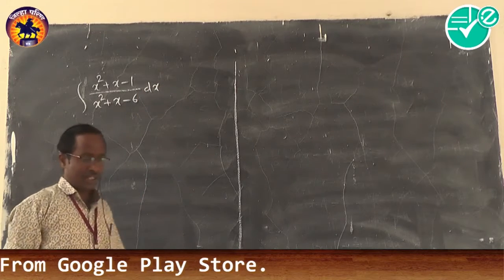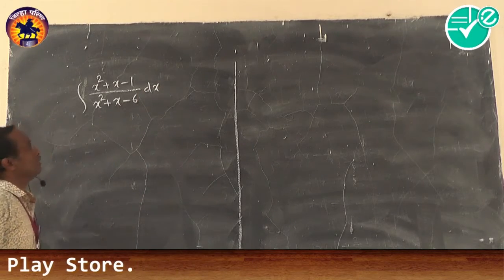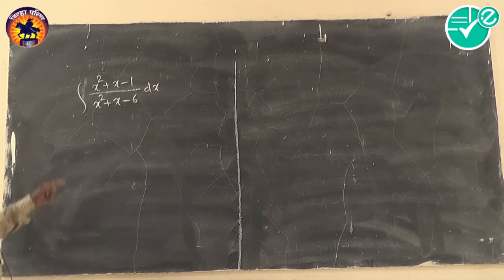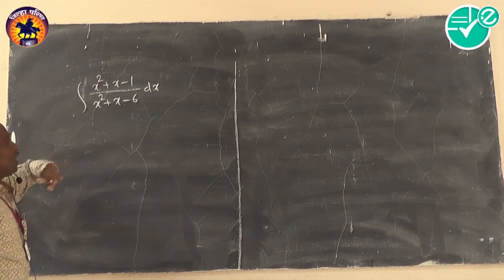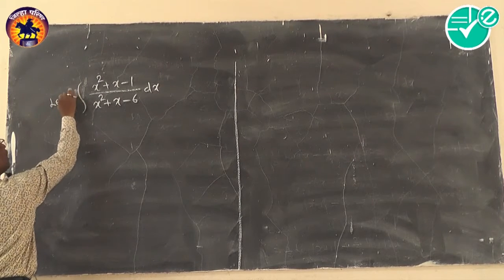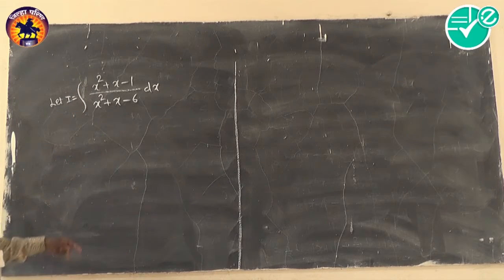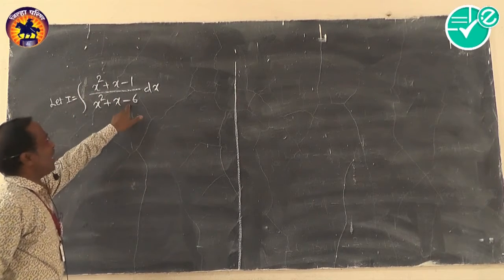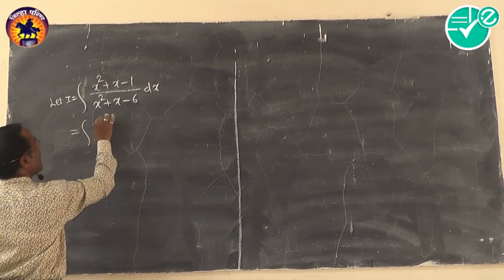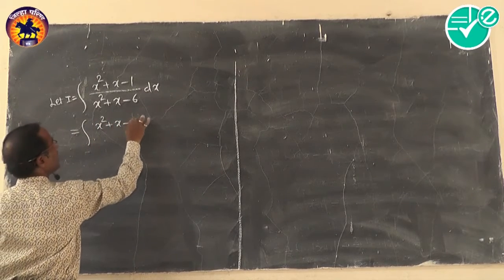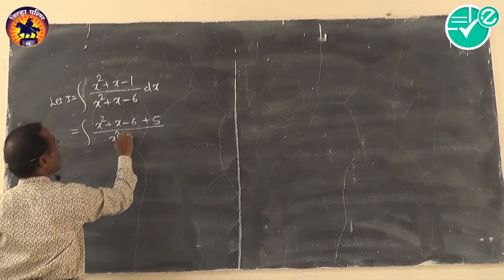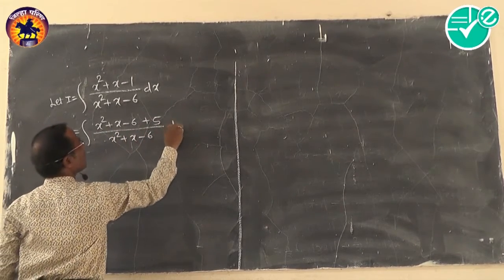Now we want to solve this example by using integration by partial fraction. Here the degree of the numerator is equal to the degree of the denominator. Then we solve this example by using the actual division method, but here we adjust the function because two terms are the same, only adjusting the constant. We get x square plus x minus 6 plus 5 divided by x square plus x minus 6 dx.